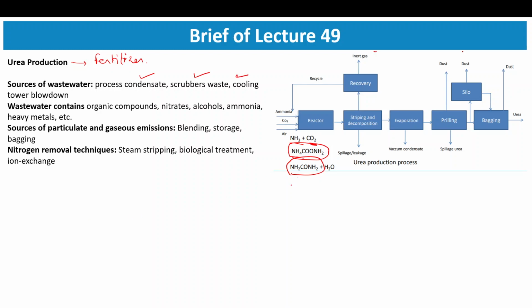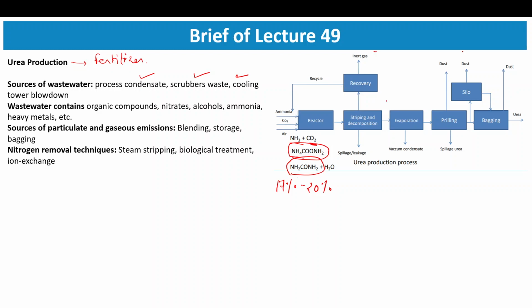If you look into the numerical values of this industry, only 17 to 20% conversion of ammonia is obtained to give urea, right? So conversion is very low, and you cannot waste the remaining ammonia. So you try to make the process economical by recycling it.